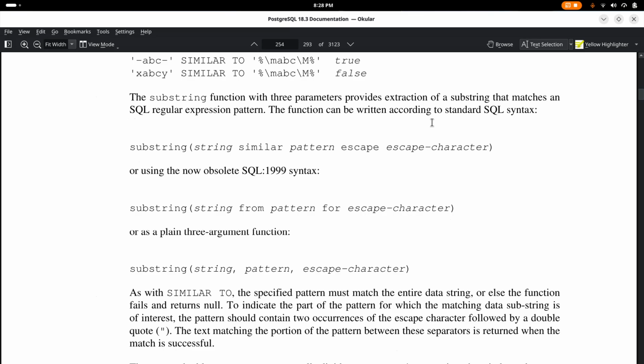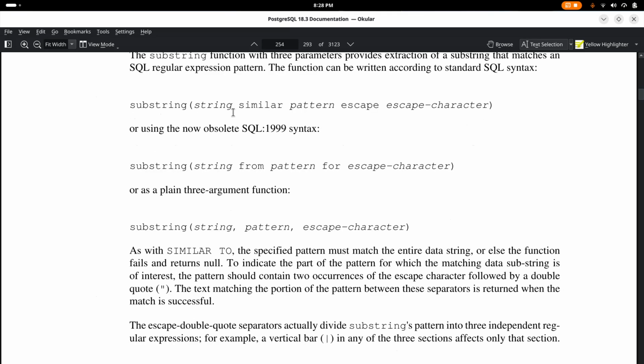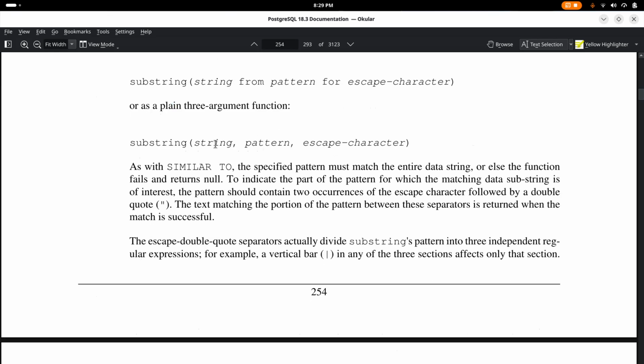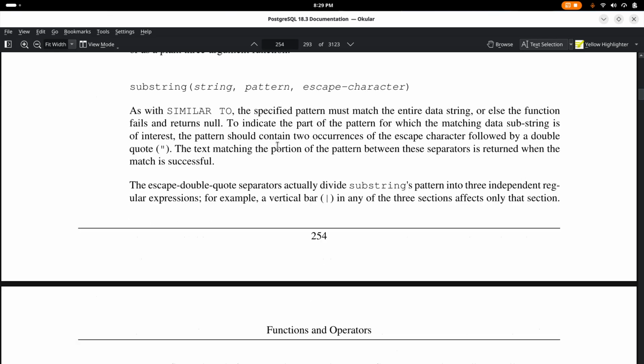The function can be written according to standard SQL syntax: substring(string SIMILAR pattern ESCAPE escape-character). In general, we don't care about this; we will let the escape character be the default backslash. So substring(string SIMILAR pattern). Or using the now obsolete SQL:1999 syntax, substring(string FROM pattern FOR escape-character). Or as the plain three-argument function, substring(string, pattern, escape-character).